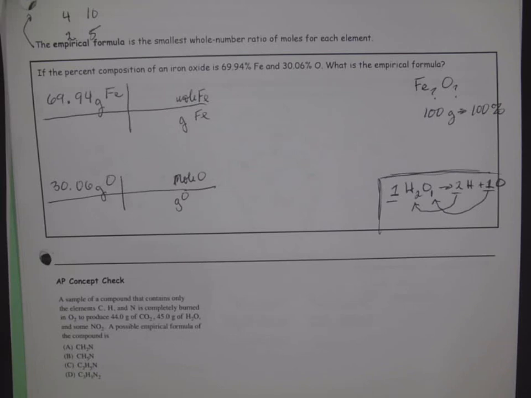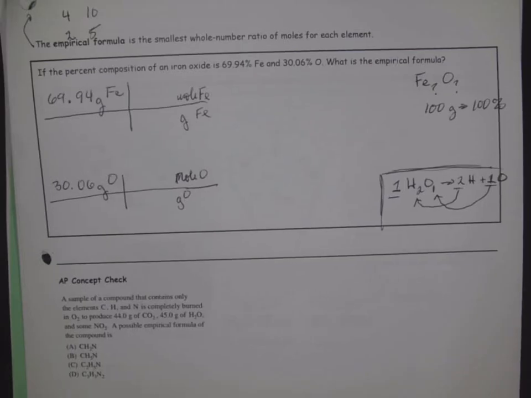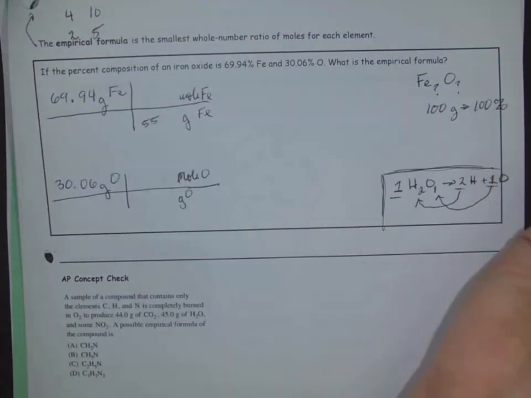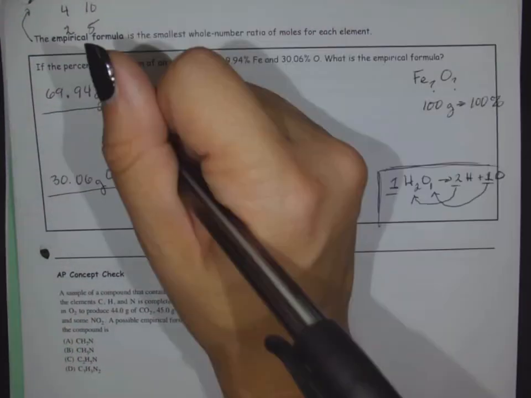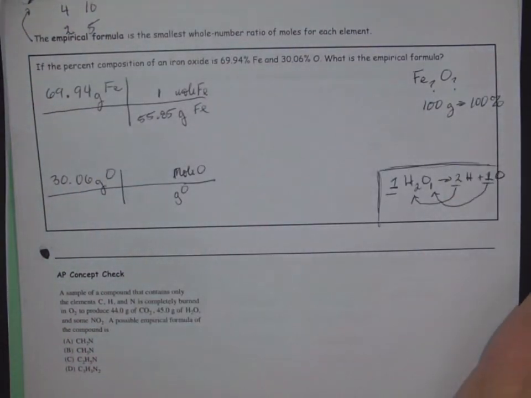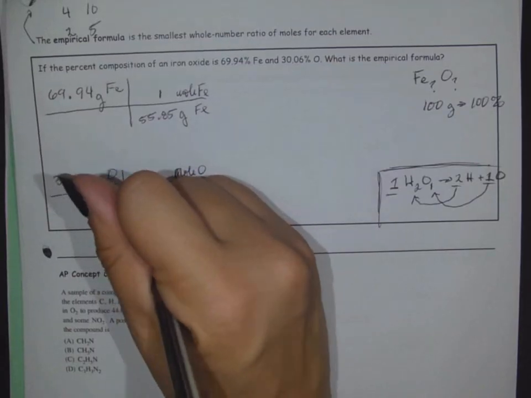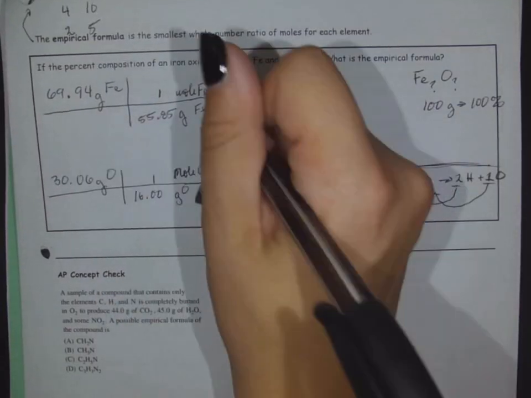Reminder that when you look at your periodic table, the number below the symbol, not the atomic number, which is the number of protons, is the mass number. It's how many grams there are in 1 mole. So I find iron, it's got an atomic number of 26, and a mass of 55.85. That's how many grams there are in 1 mole of iron. And for oxygen, we have 16 grams per mole.